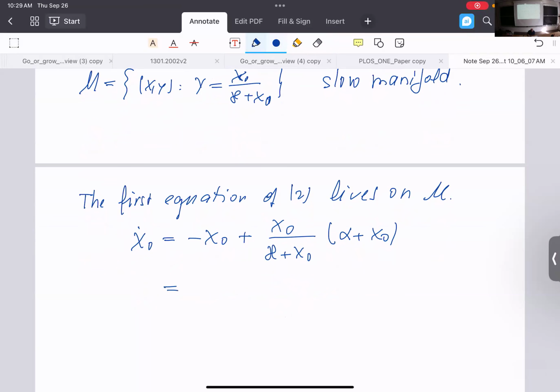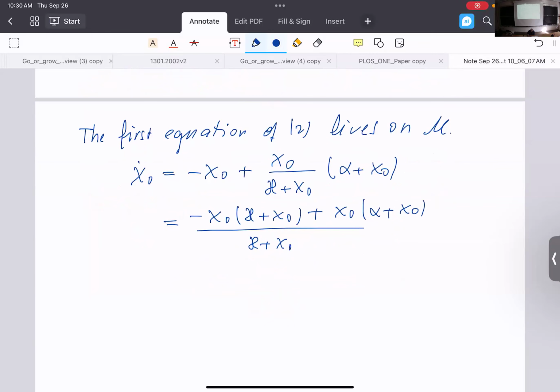Okay, let's try to get a common denominator. The x0 square term disappears. Just keep the linear terms.